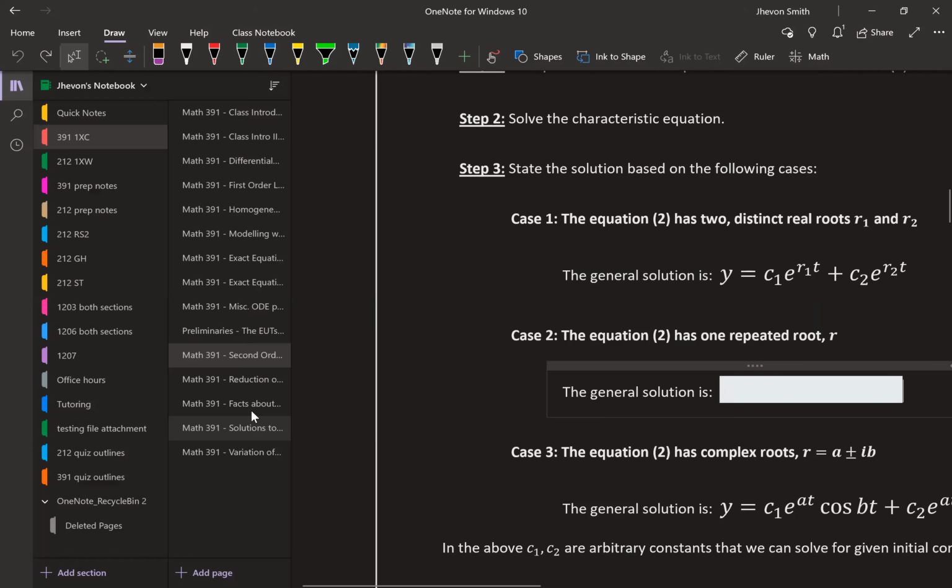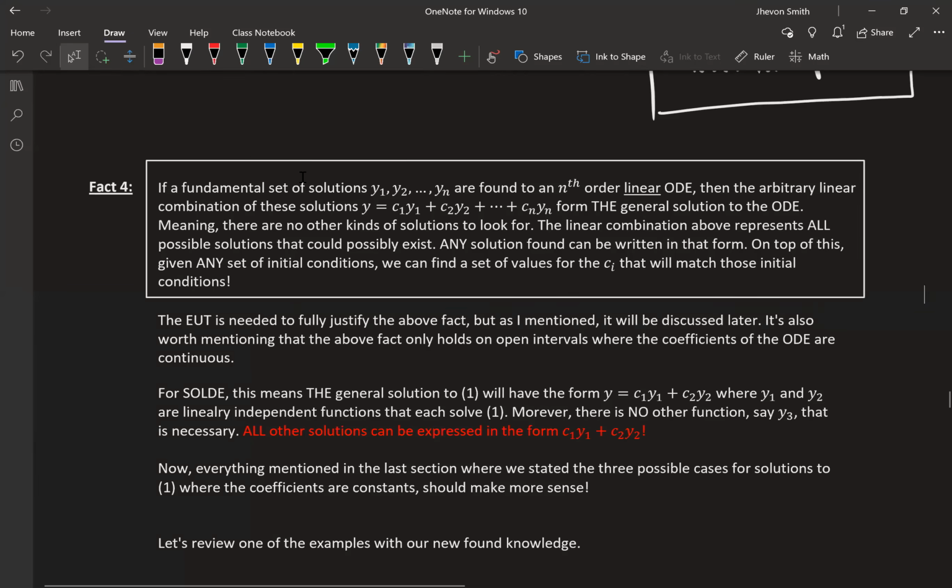Because that is what the solution has to look like, and I know how many of them there should be, here's the thing that's going to be kind of weird, here's where the weirdness of differential equations comes in, which bothers some people who don't understand what's going on. So I'm going to explain to you guys what's going on so that you're not going to be confused when I actually start doing all these weird things.